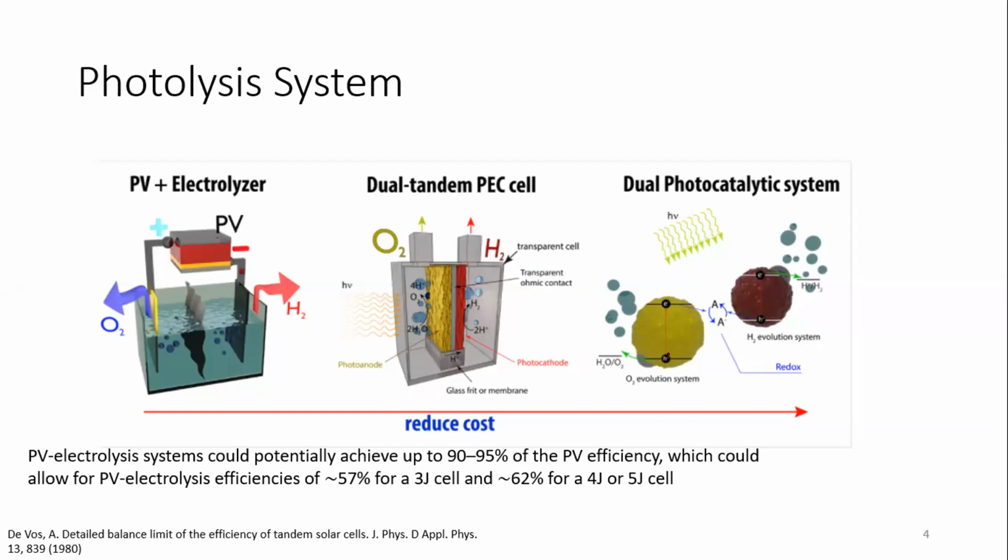However, in the end we want to separate hydrogen and oxygen, and use that hydrogen for some application. So the separation of gases here is a bit difficult, and regeneration of the catalyst is also a bit problematic.